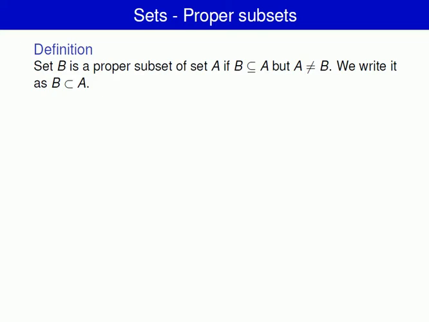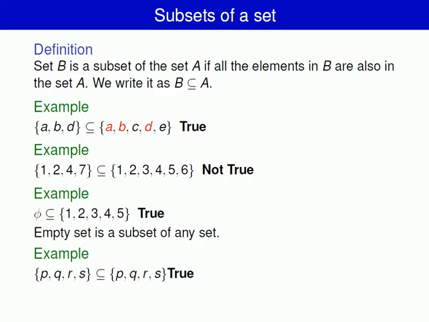The definition is B is a proper subset of A if, first of all, B has to be a subset of A, and A cannot be equal to B. So in our case, the only way it can happen is A has more elements. Going back to the previous example, in the first case, {A, B, D} is a proper subset of {A, B, C, D, E}, but {P, Q, R, S} is not a proper subset of {P, Q, R, S}, because in this case they happen to be the same set.